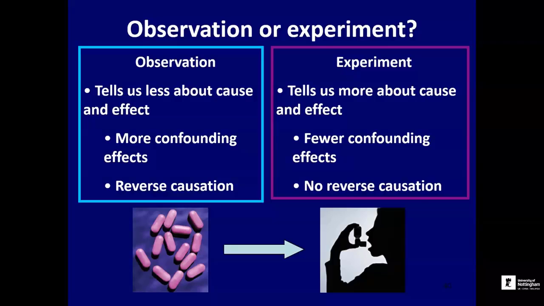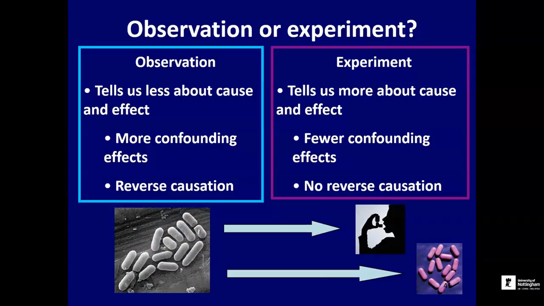However, there are alternative explanations for the pattern that we've observed, different patterns of causation. For example, there might be a confounding effect here. There might be a third variable which is responsible both for asthma and for people taking antibiotics.